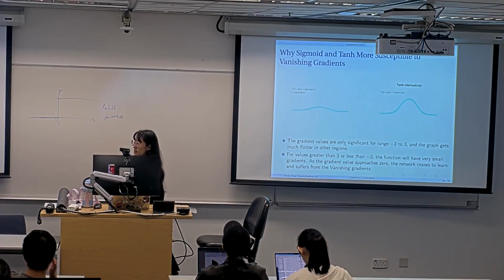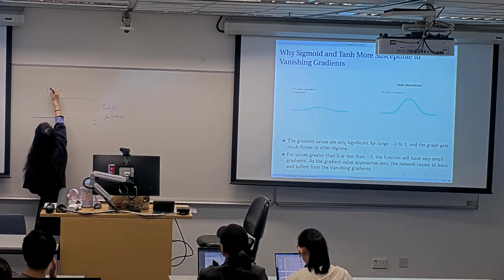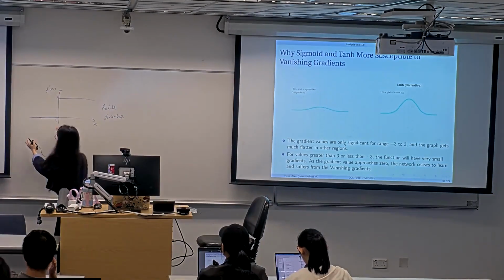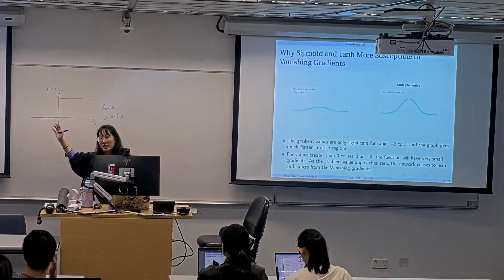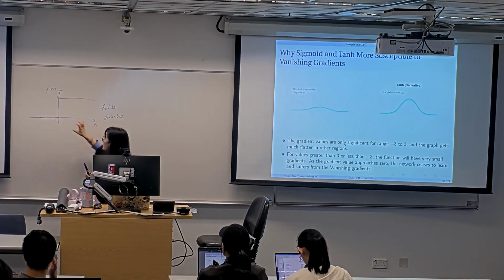The ReLU derivative, of course, when x is negative, is 0. That means in the negative part, it suffers from the dying ReLU or vanishing gradients. But as long as x is positive, the gradient is 1.